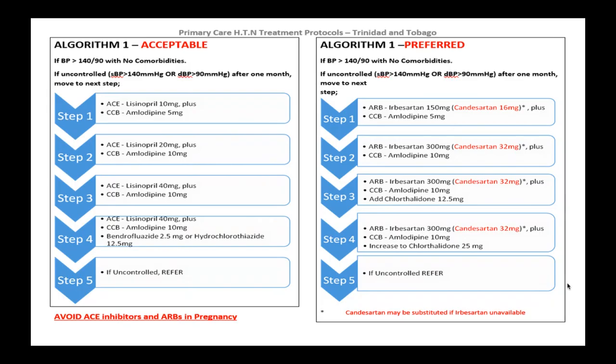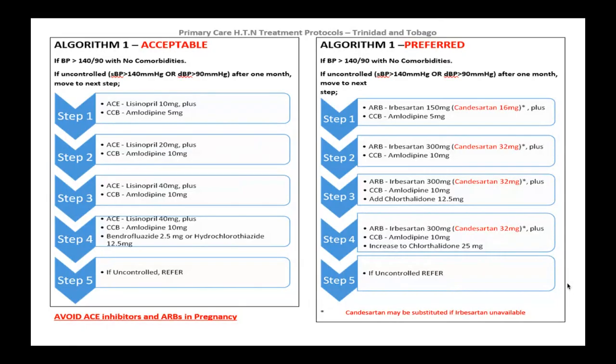The amlodipine goes from 5 to 10. If still uncontrolled, you move up to step 3, where they're adding a thiazide, or adding a diuretic. And step 4, if still uncontrolled, we move to step 5 to refer the patient.